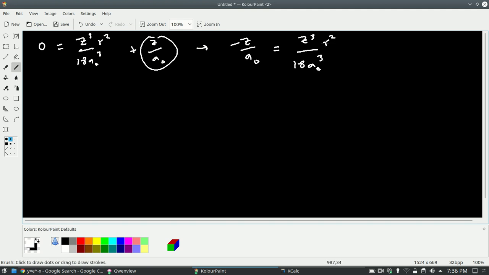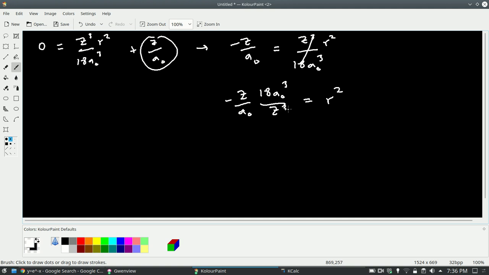Now I'm going to get r squared alone. So this is negative z over a naught, but multiply both sides by 18a naught cubed. Divide both sides by z cubed, and that will cancel this out, and so that is now my new r squared.